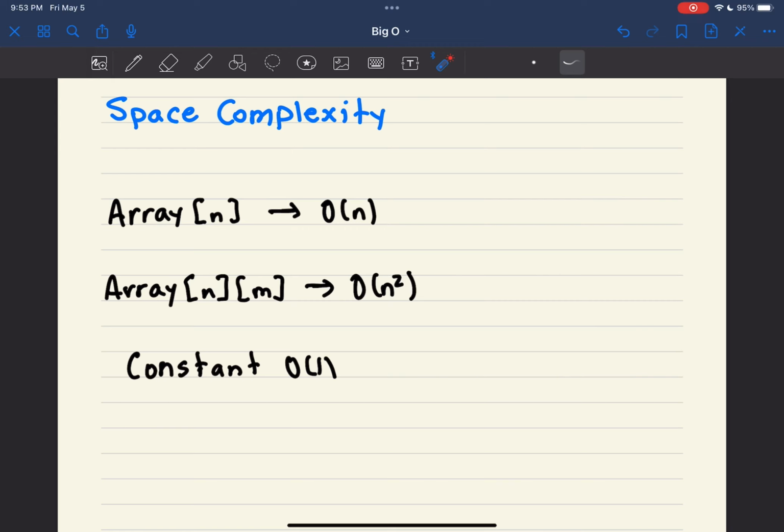If our program does not store any elements or use data structures, then it is not using up any memory, so it would just have a constant space complexity. And that would occupy the least amount of memory.